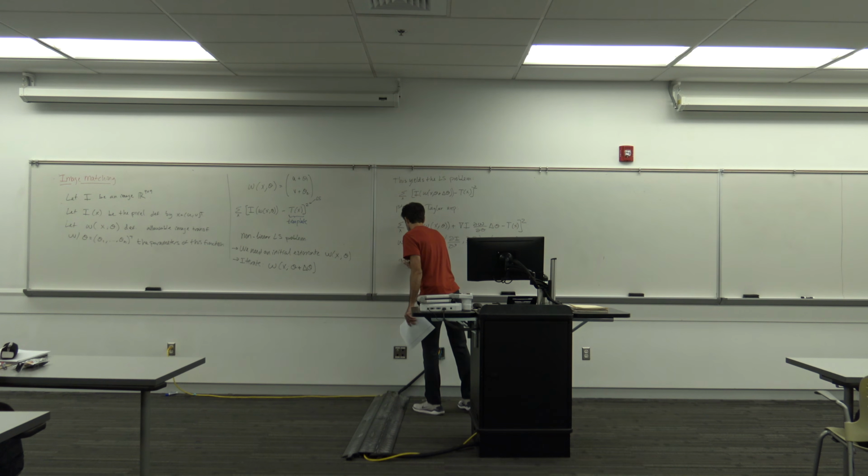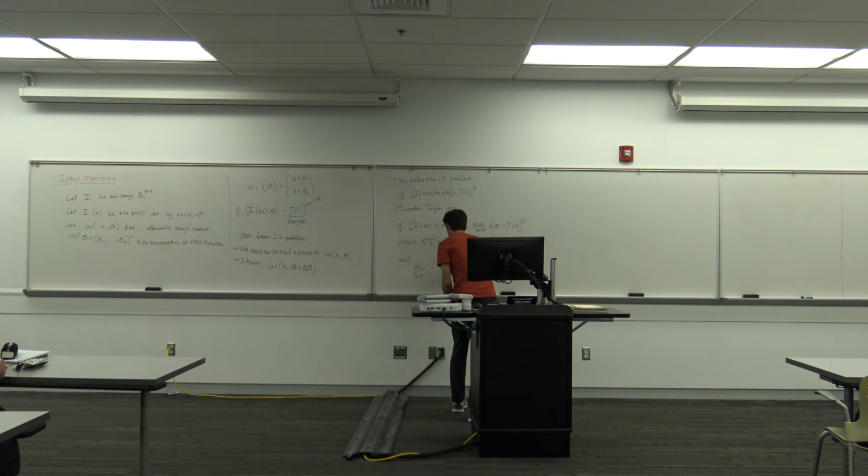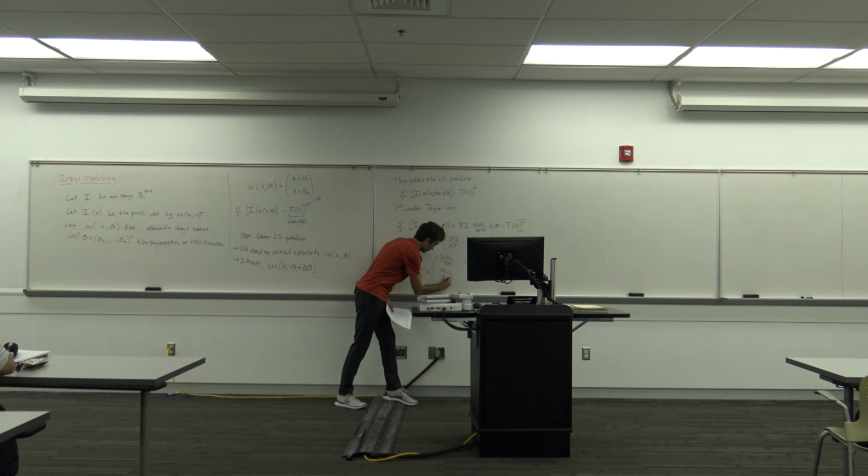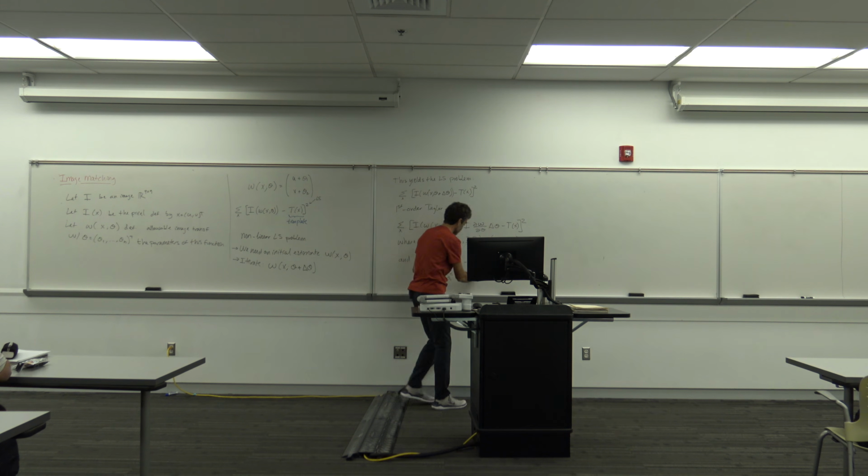And the gradient of W with respect to its parameters is going to be equal to the partial derivative of WU with respect to the first parameter all the way to WU with respect to the last parameter, which is said to have n, and then the partial derivative of WV with respect to the first parameter and with respect to the last parameter, okay?